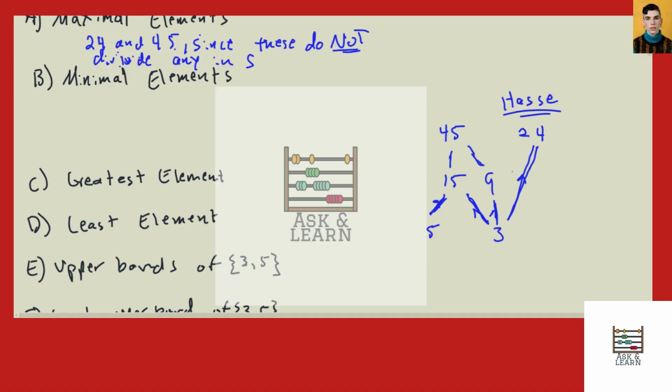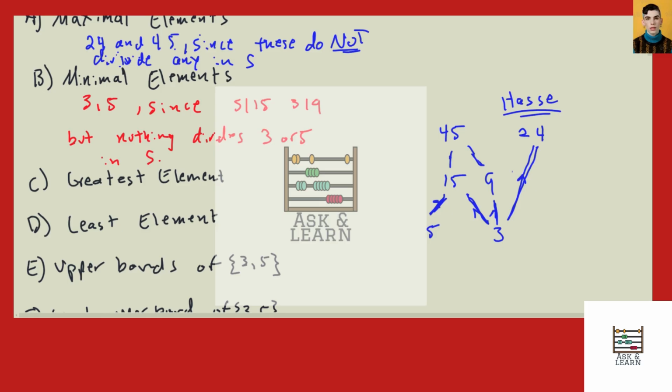That would be the bottom of our chart here, which is 3 and 5, since 5 divides 15 and 3 divides 9. We just need to show that they divide something, but nothing divides 3 or 5 in S.